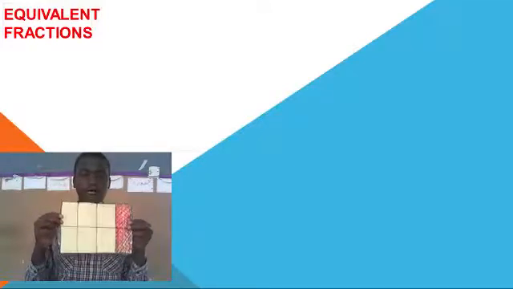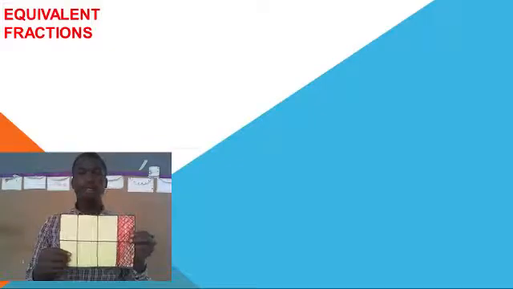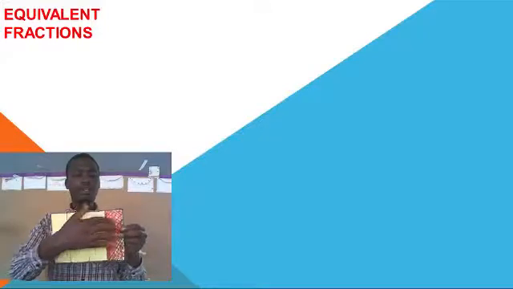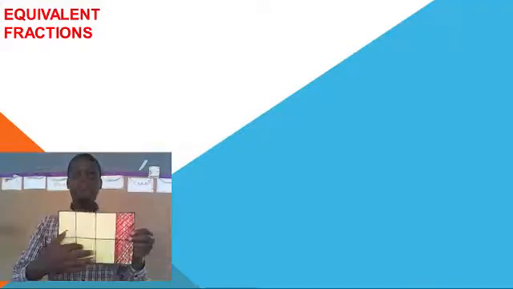So here, we have this figure. We are still dealing with a quarter. That's 1 out of 4. And then in the division here, we have other small ones: 1, 2, 3, 4, 5, 6, 7, 8.